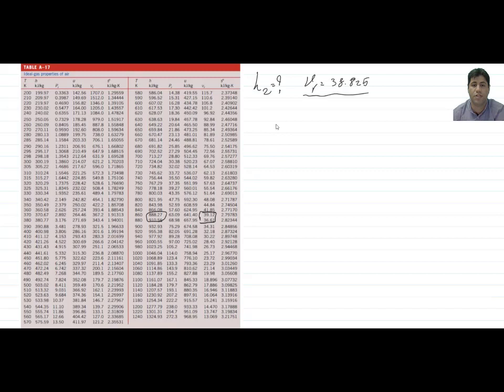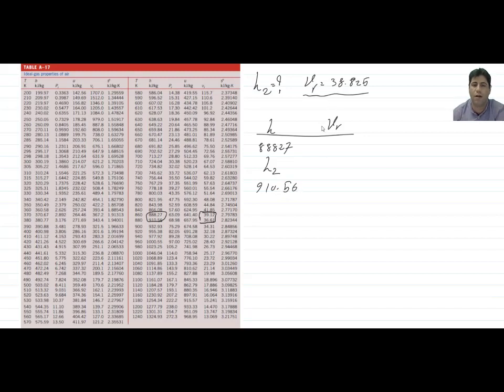Again, we need to create the table like this. VR and H which we have here: 888.27, H2 we don't have, and 910.56.